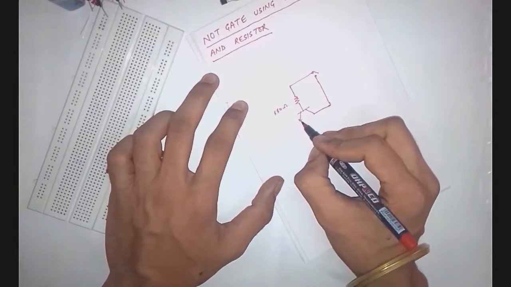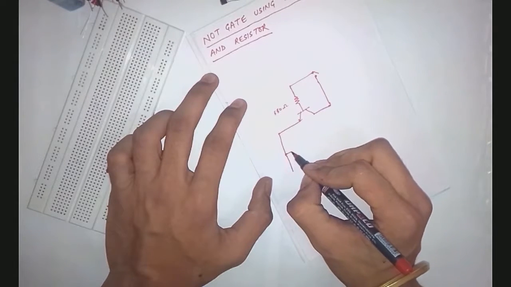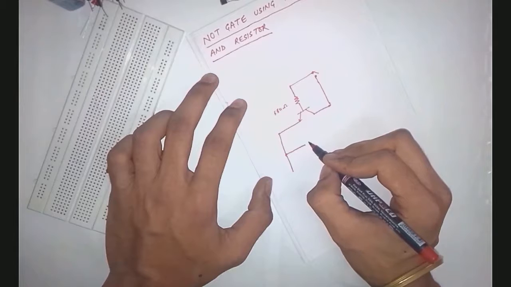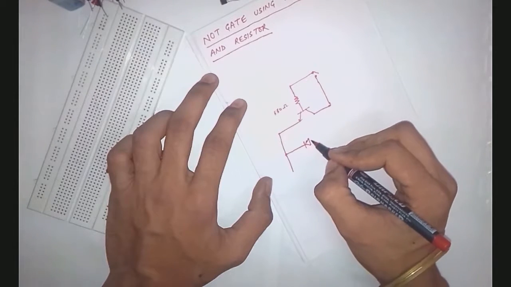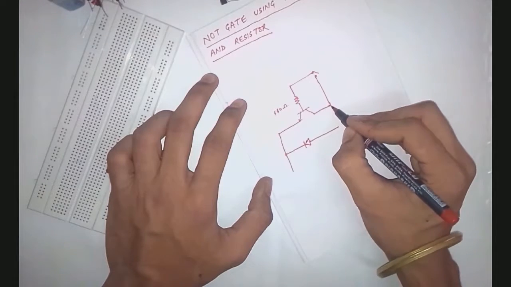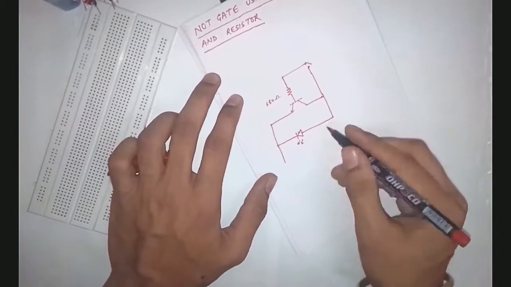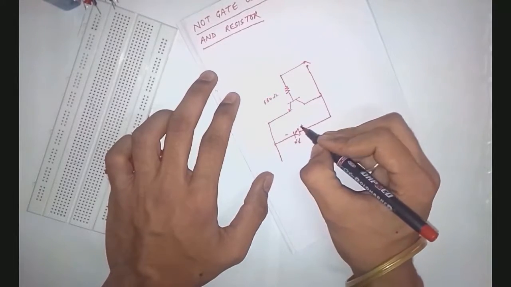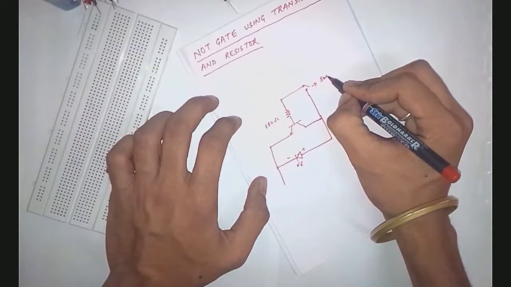The emitter is going to the negative of the LED. This is the LED diode. This is emitting the light. Here is the switch.